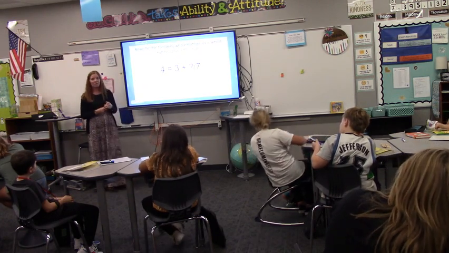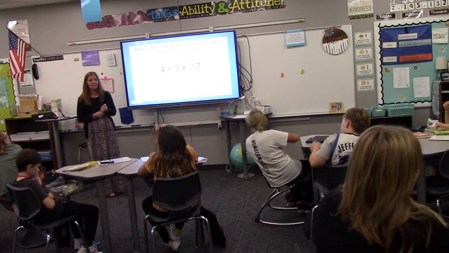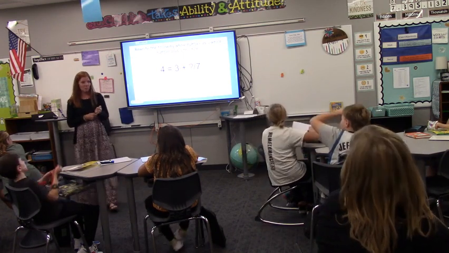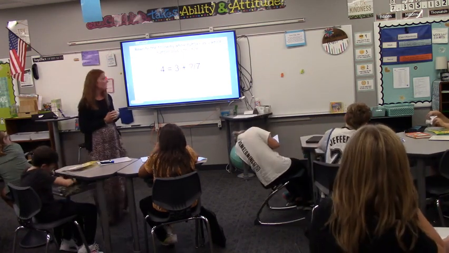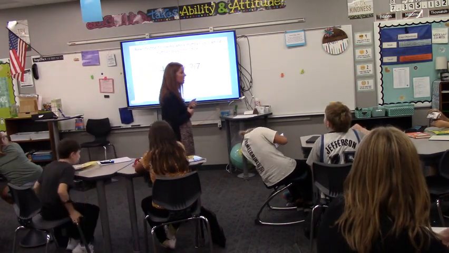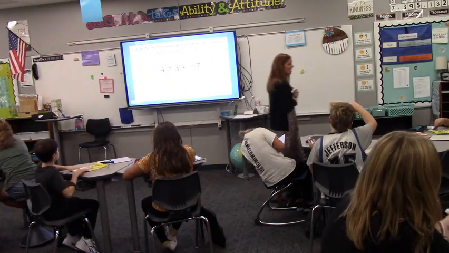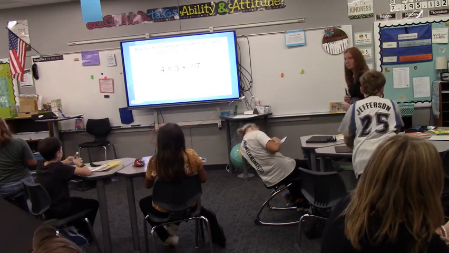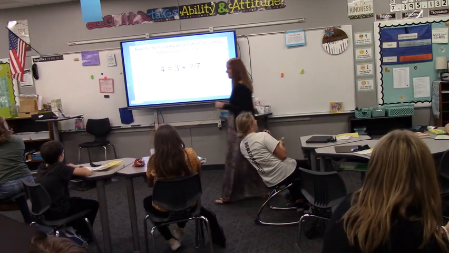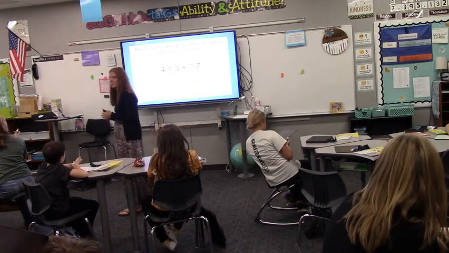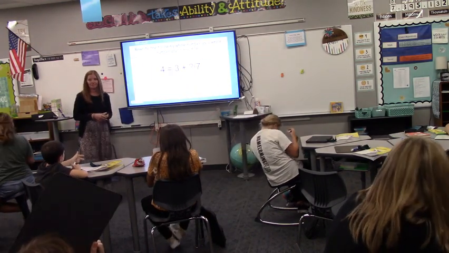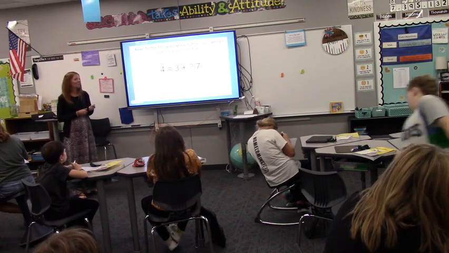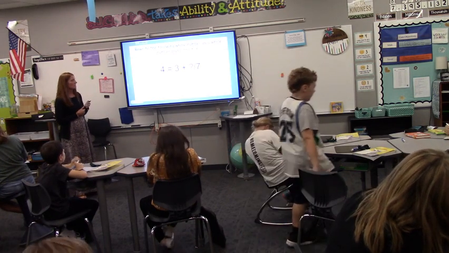How about this one? 4 equals 3 plus how many sevenths? Write on your board what you think that would be, and then flip it over when you got it. 4 equals 3 plus how many sevenths?